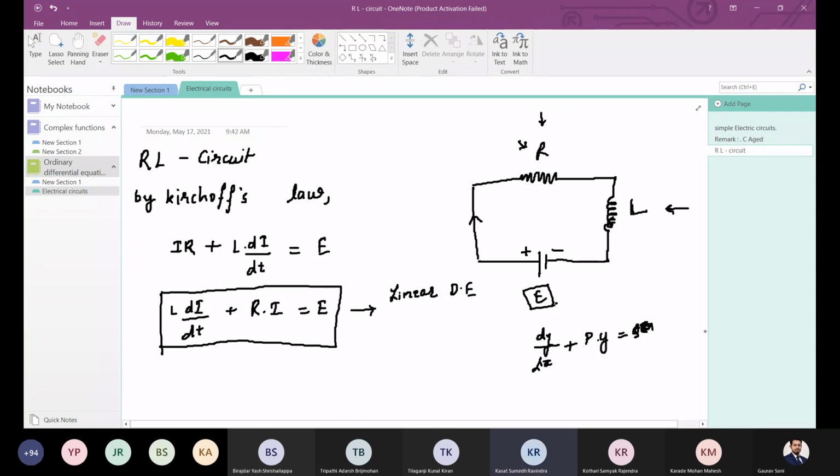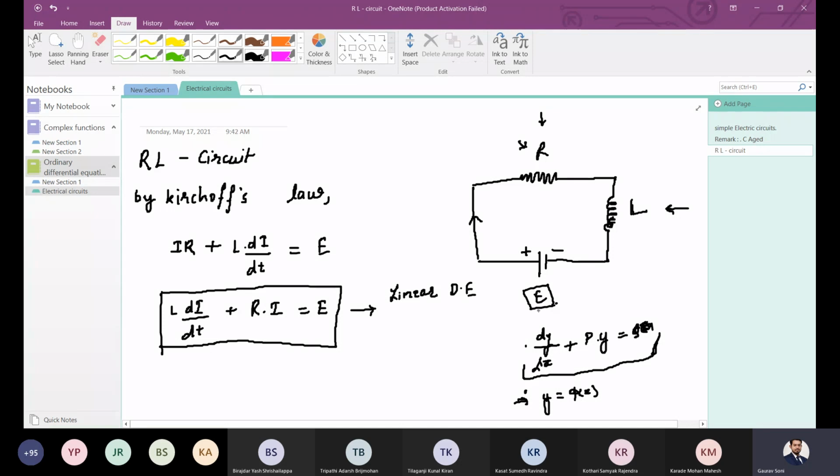The value of current. No, no. In this, what do you get? Y. So you get y in terms of x. This is nothing but the solution of this differential equation.